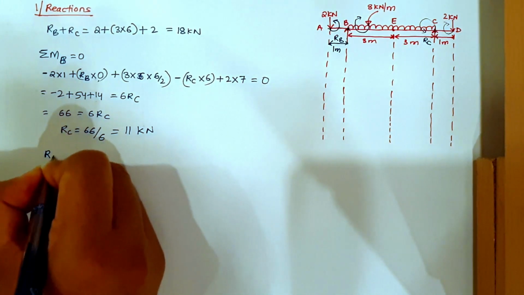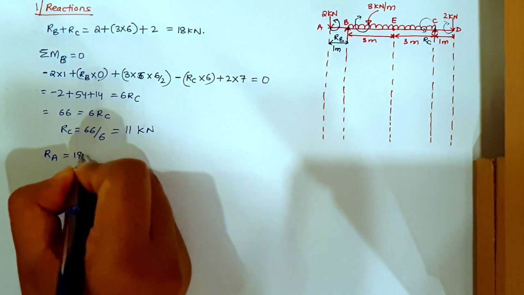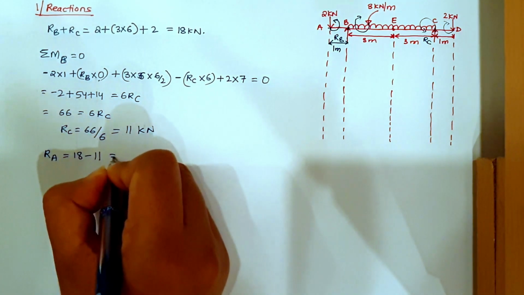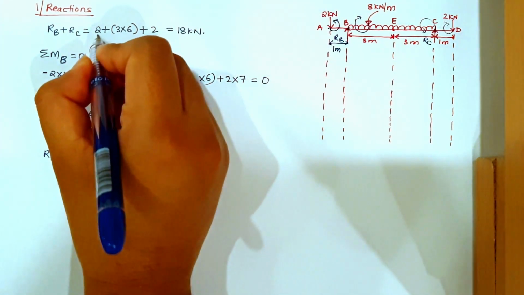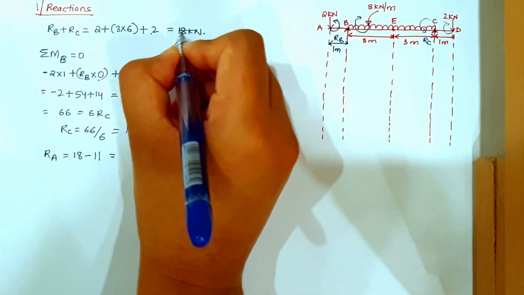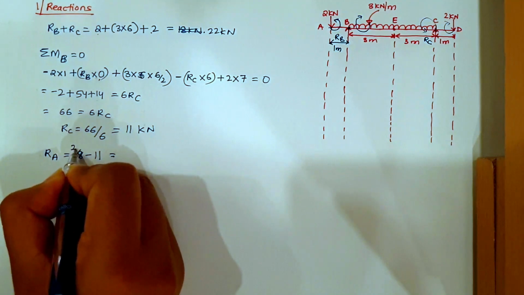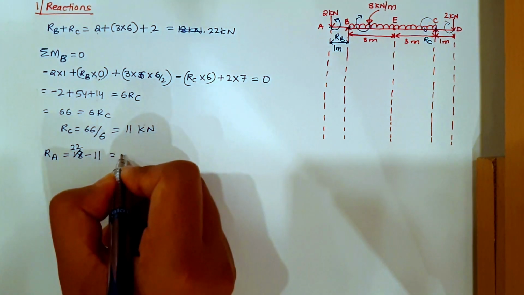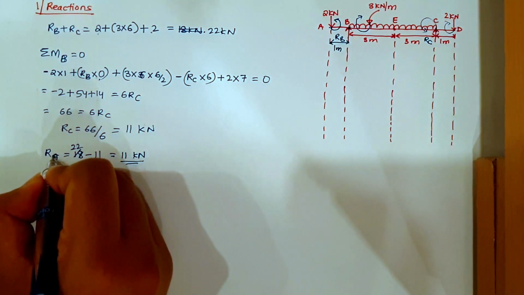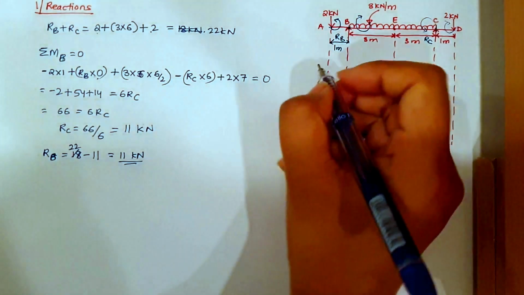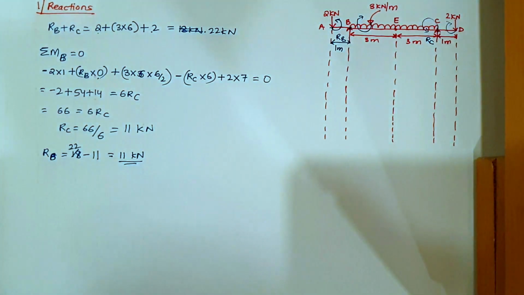Now RB will be equal to 18 minus 11. I'm sorry, the total of these forces will not be 18 kilonewton, it will be 22 kilonewton. So here it will be 22 minus 11, again 11 kilonewton. So RB here is coming equal to 11 kilonewton and RC is also 11 kilonewton.